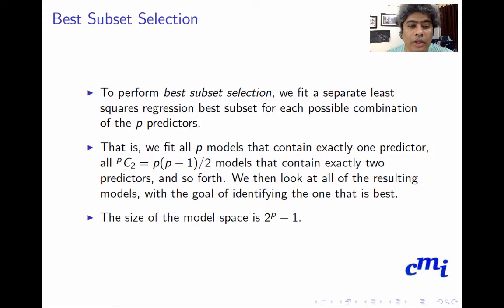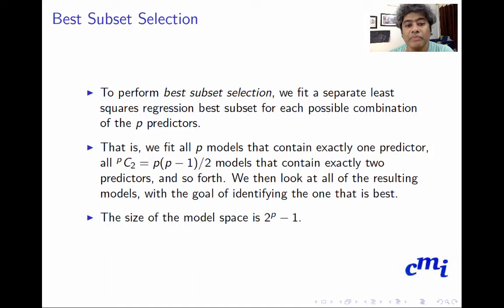So in that way, we can try something called best subset selection. To perform best subset selection, we fit a separate least squares regression for each possible combination of the p predictors.